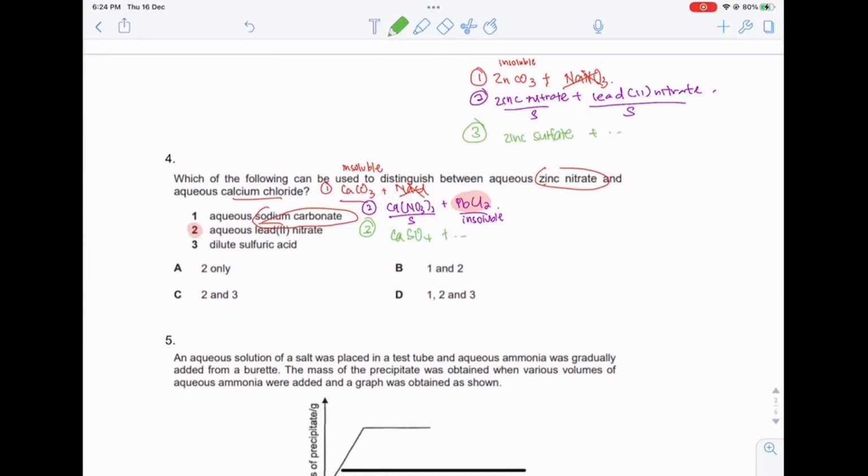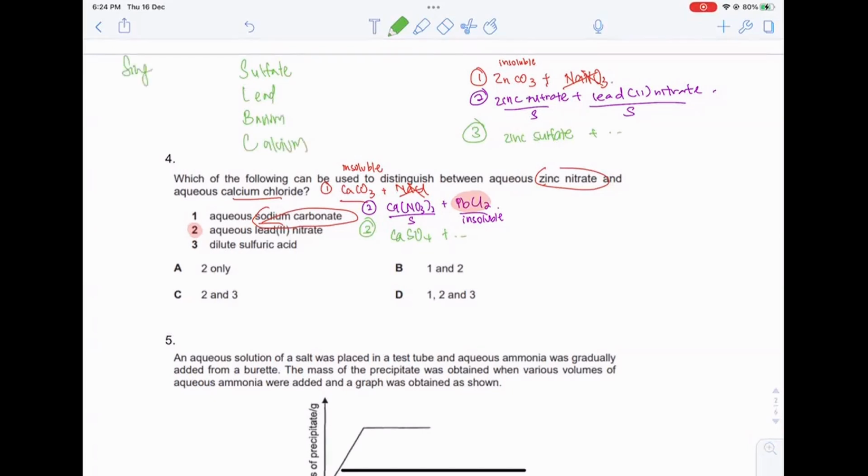Okay, for sulfates, all sulfates are soluble except for, so I remember this by Singaporeans love barbecued chicken. Okay, so sulfates are all soluble except for lead, barium, calcium.